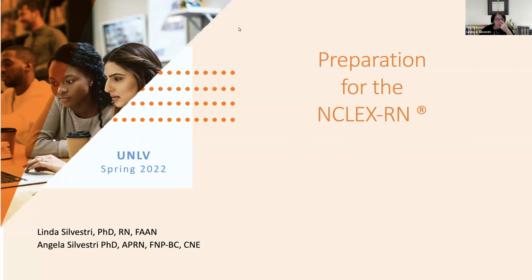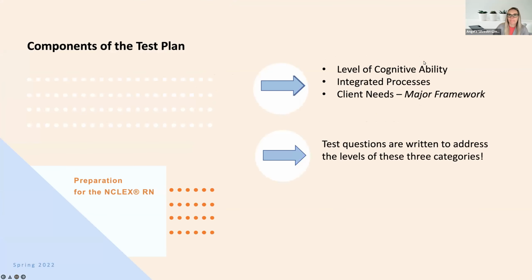All right, so we can go to the next slide and see what we have here. Okay, so we just want to explain a little bit about the components of the test plan. And we're hoping that you had downloaded that test plan that we mentioned on day one from the NCSBN site, because that's going to really help you as your study plan for the NCLEX RN.